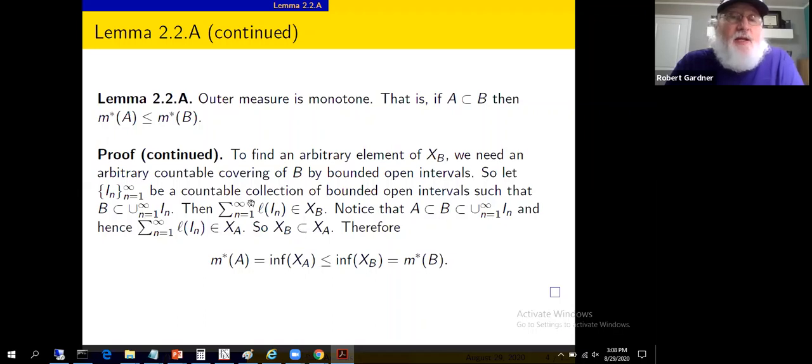So every element of X sub B, we just took an arbitrary element of X sub B, is an element of X sub A. That is, everything in X sub B is in X sub A, so X sub B is a subset of X sub A. A property of infima from your senior level analysis class is, if X sub B is a subset of X sub A, then the infimum of X sub A is less than or equal to the infimum of X sub B. And the supremum of X sub A is greater than or equal to the supremum of X sub B.